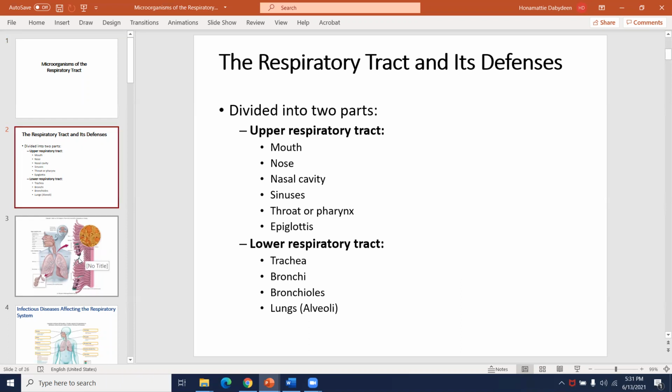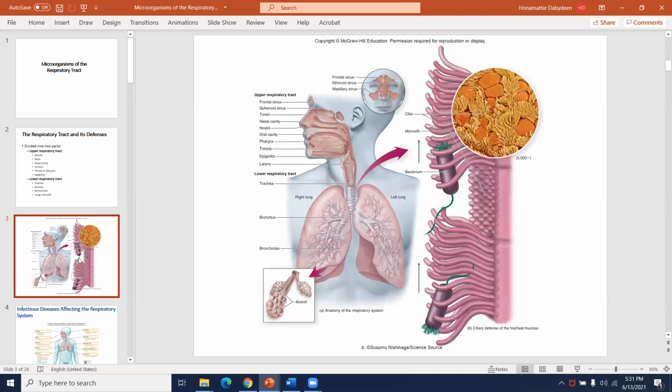I have more of a diagrammatic representation here, taken directly from your book. I would like you to know that every single one of those areas could be infected with different types of bacteria at different times.